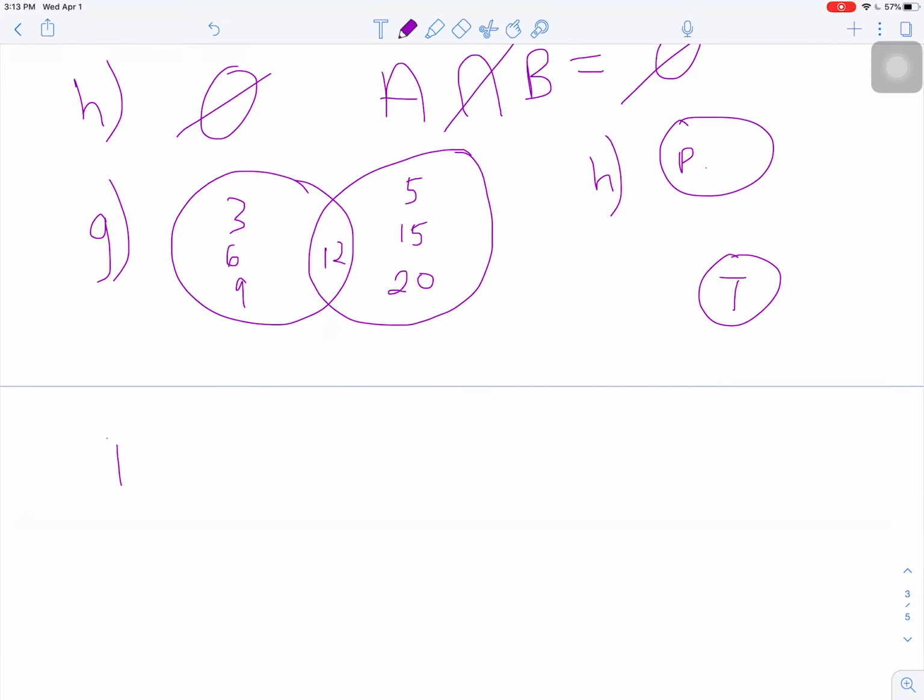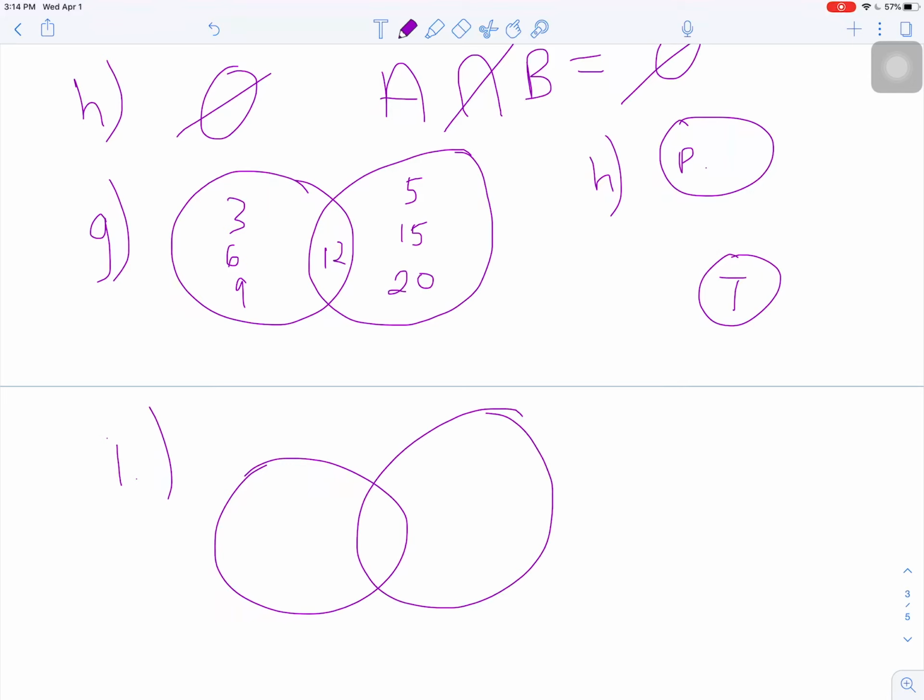All right, moving on to I. I says use a Venn diagram to illustrate the relationship between the sets, then indicate the union of the sets. Okay, so 10, 20, 30, union 20, 30, 40. That means we have two that meet together, right?